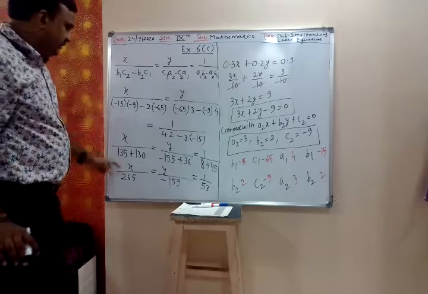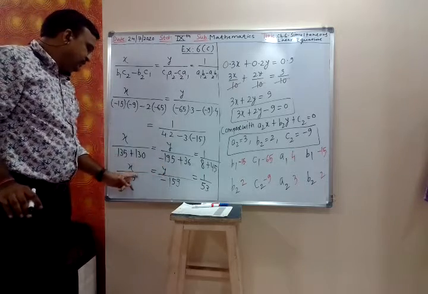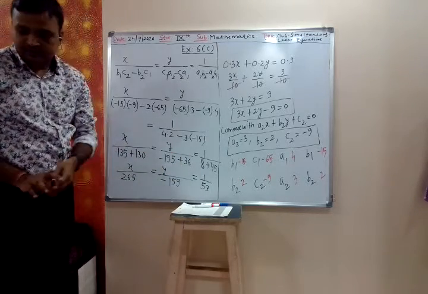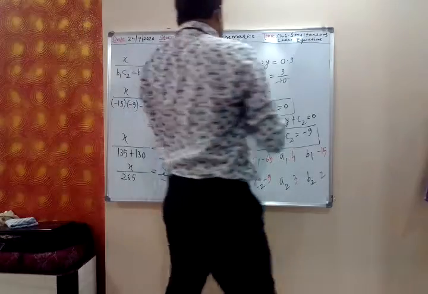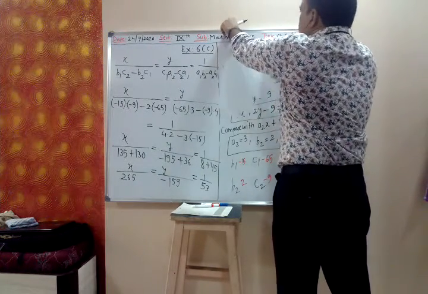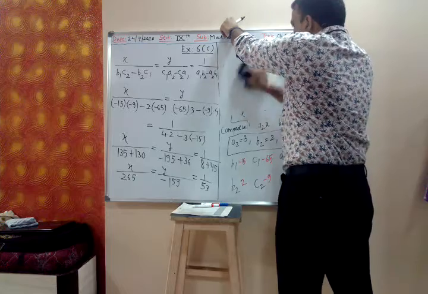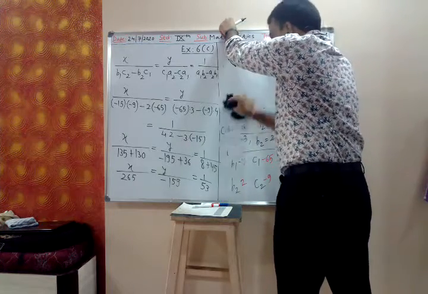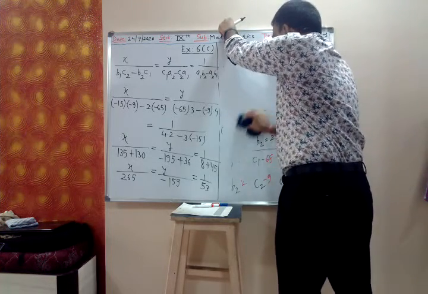So now A is equal to B is equal to C means A is equal to C and B is equal to C. We simplify that. A is equal to B is equal to C means A is equal to C and B is equal to C. So that we compare and simplify.